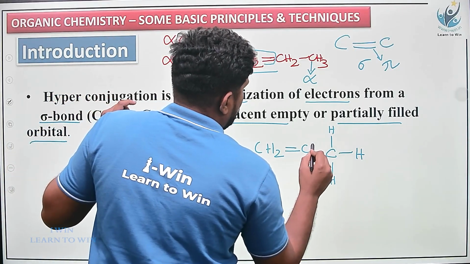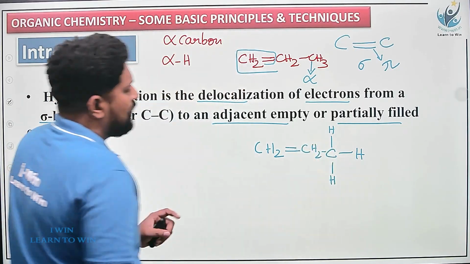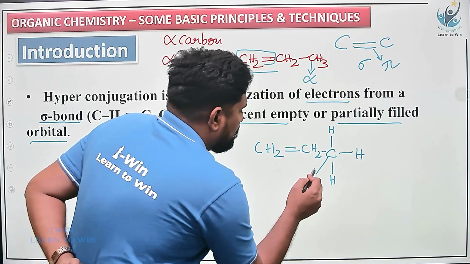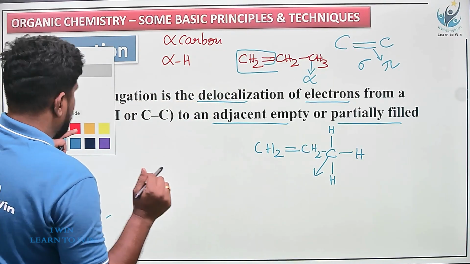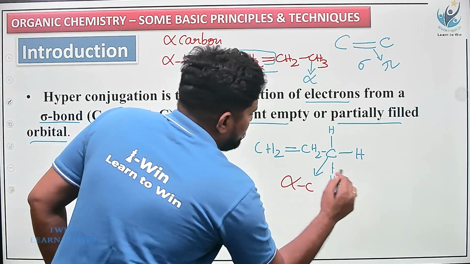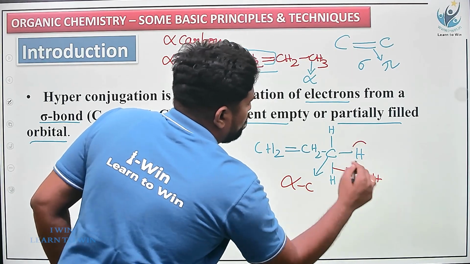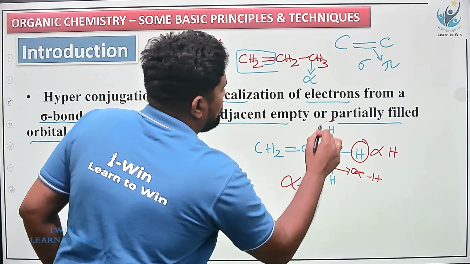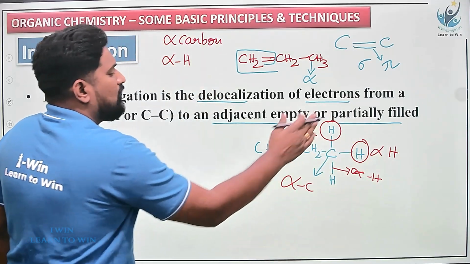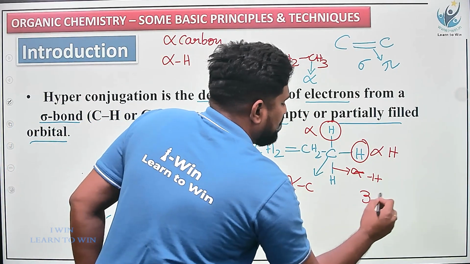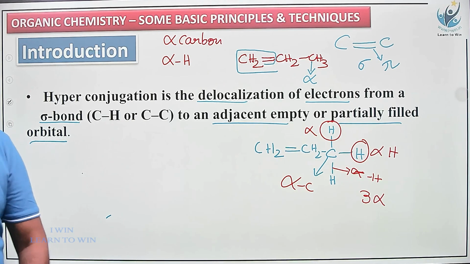Okay, this is the alpha carbon, and this hydrogen is an alpha hydrogen. This one is also an alpha hydrogen. This one is also an alpha hydrogen. So the total number of alpha hydrogens here is 3. Now you are clear, my dear students.